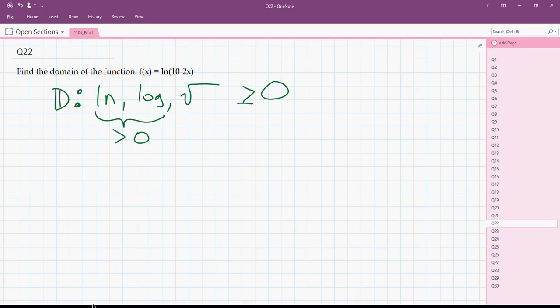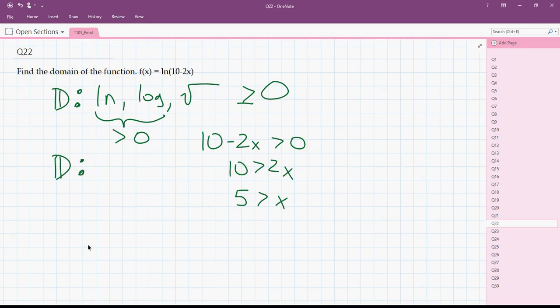So what we're going to wind up doing is simply setting 10 minus 2x greater than 0. If we move the 2 to the other side, we get 10 is greater than 2x. We get 5 is greater than x. So if we wanted to write our domain, x has to be less than 5. So we would say negative infinity to positive 5. Or in set notation, x, given that x is less than 5.